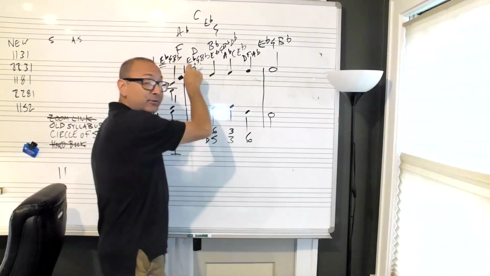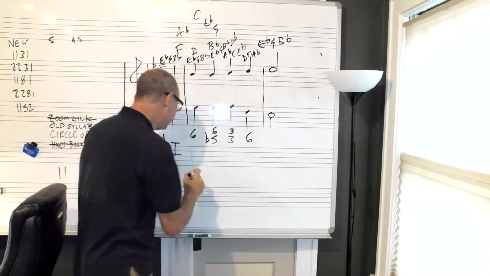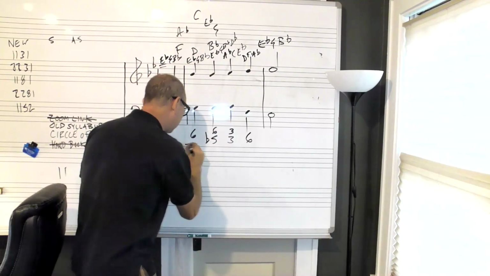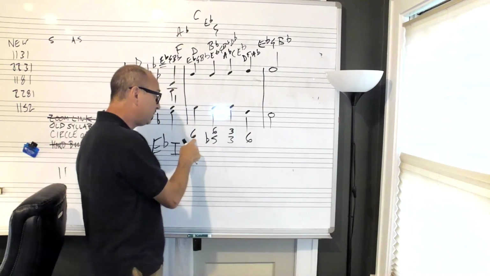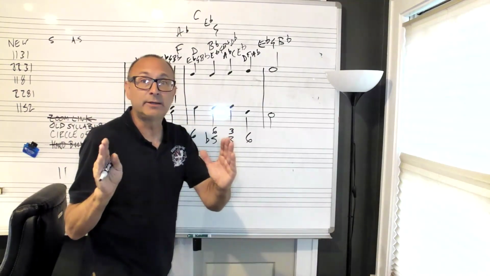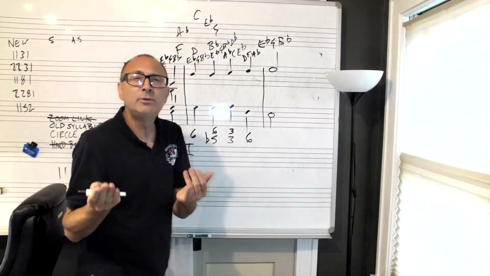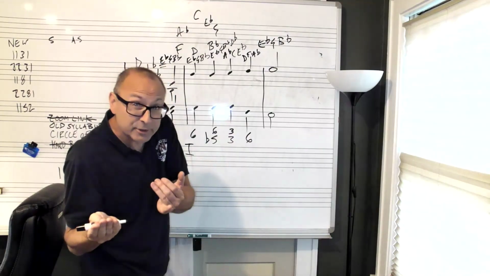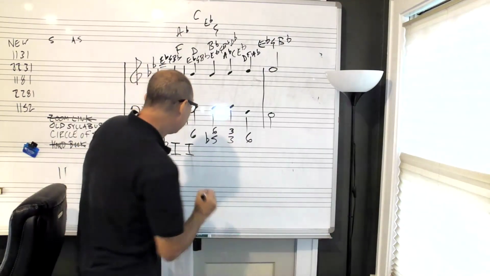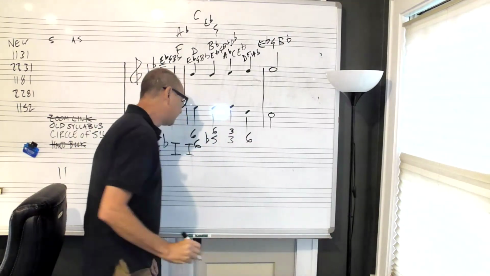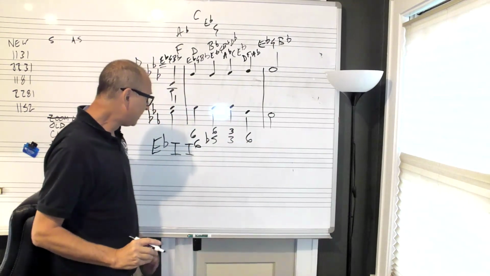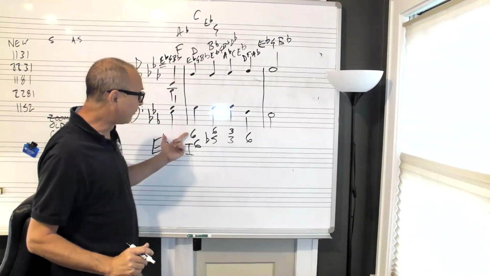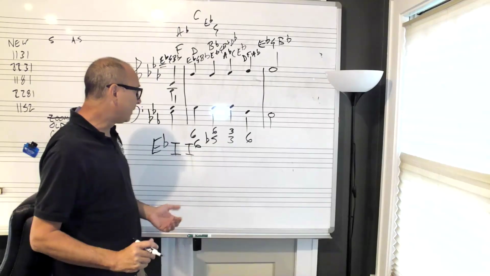Actually, you have to think about the root. The root is what tells you the Roman. So don't make that mistake. If you see a 6, that's almost like they're trying to trick you to figure out if you know how to understand what the root is. And then we put the 6 there. It's sort of redundant, but okay.